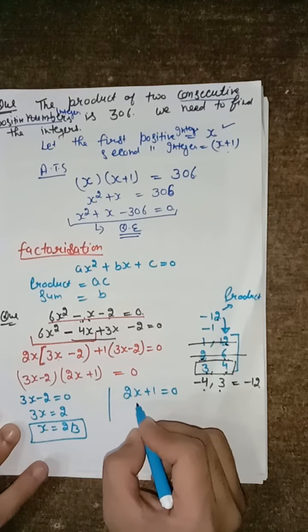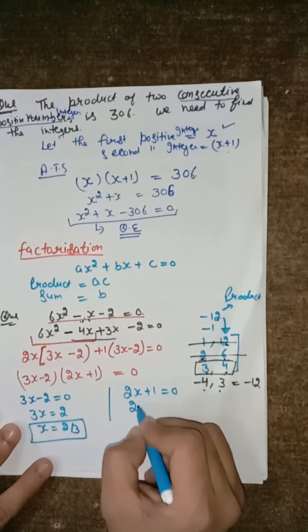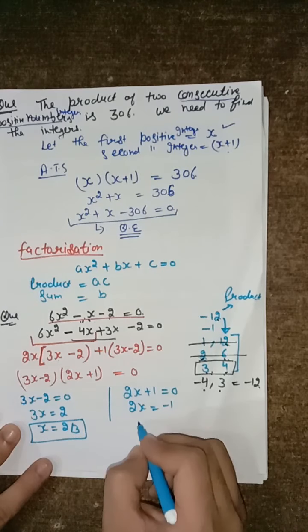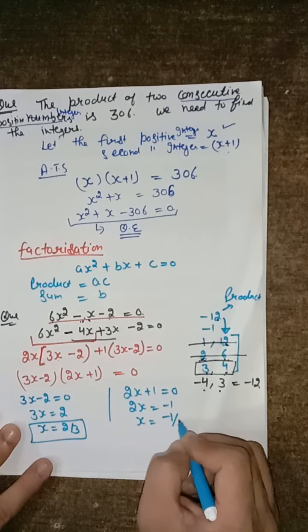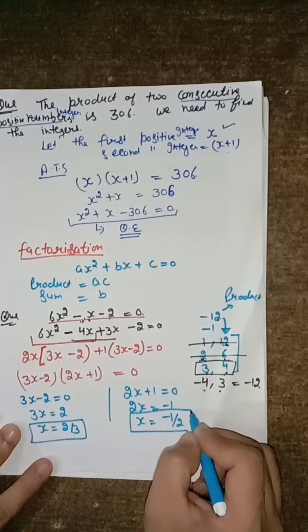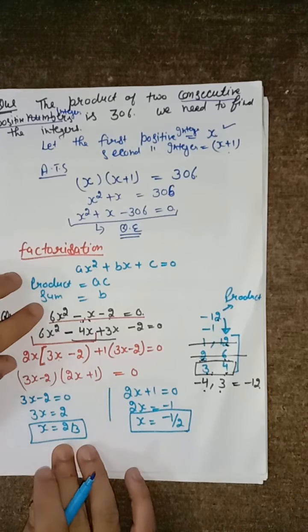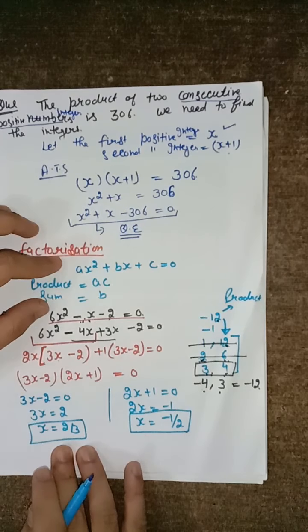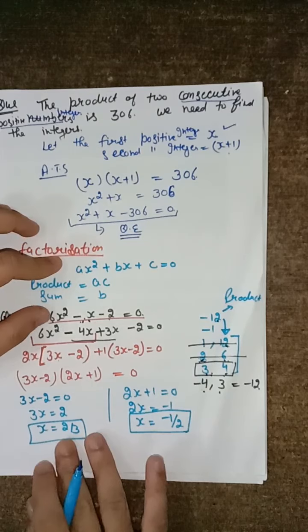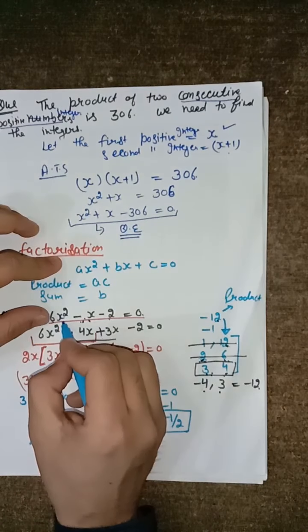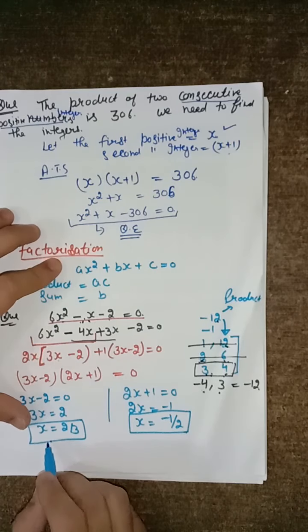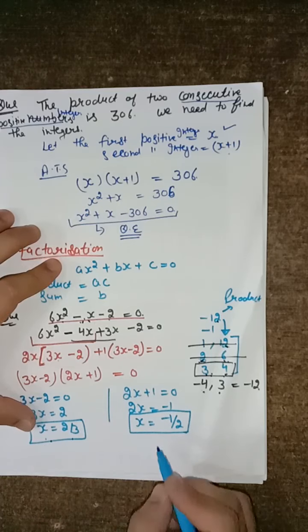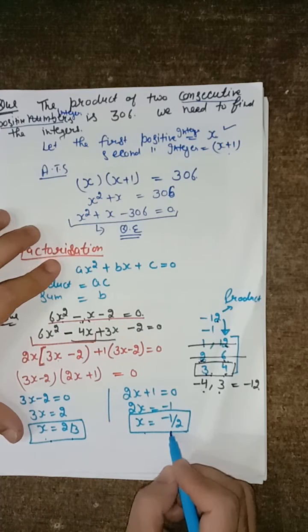And if my 2x plus 1 equals 0, then 2x will be equal to minus 1 and x will be equal to minus 1 by 2. Now we have already discussed, if a polynomial has degree 2, then there will be two roots. Here the degree is 2 and we have two roots: first one is 2 by 3 and second one is minus 1 by 2.